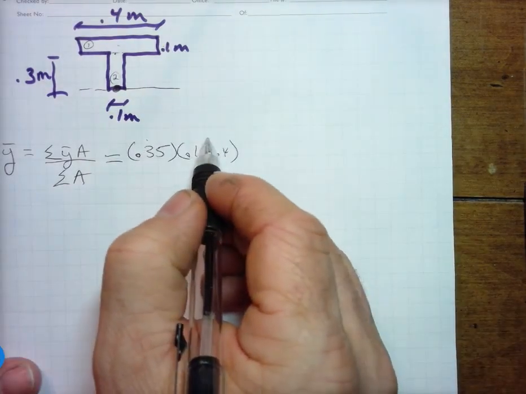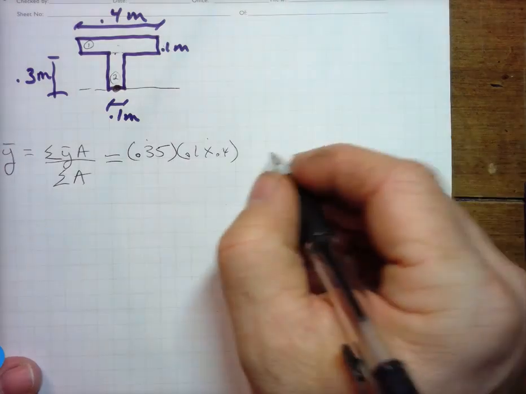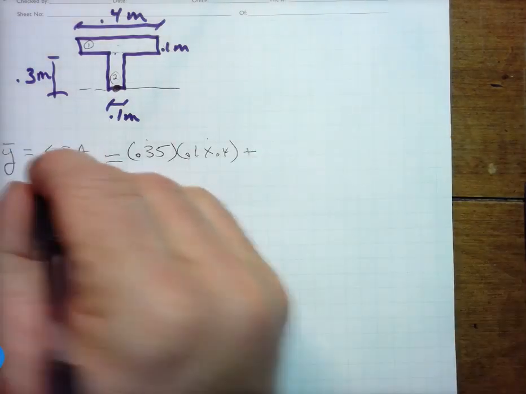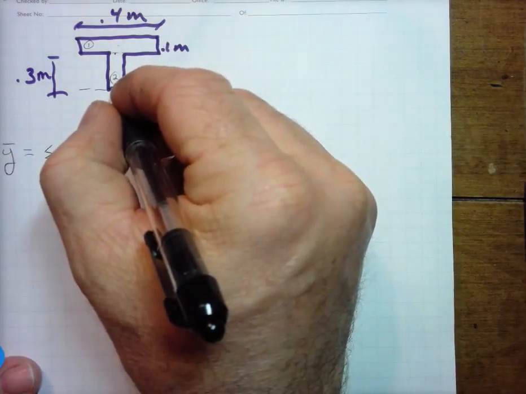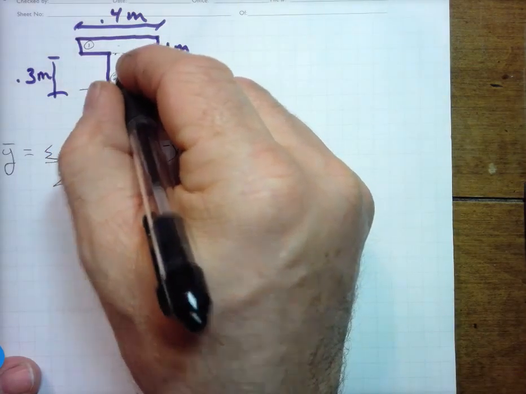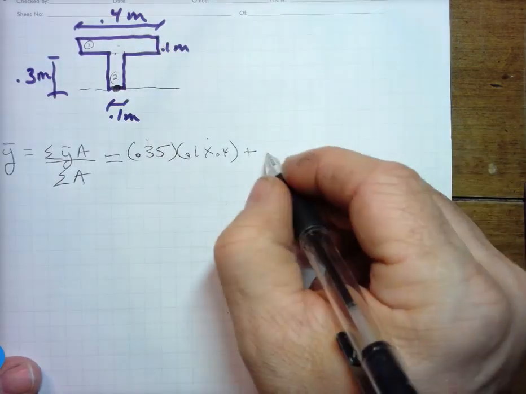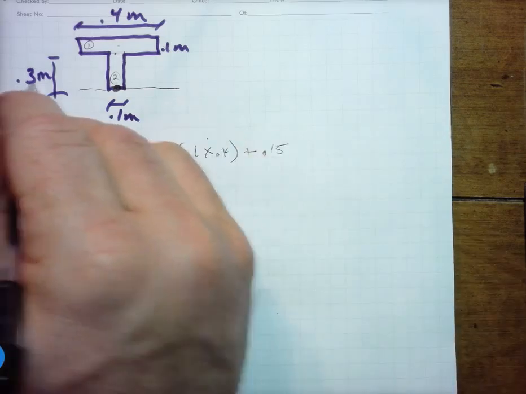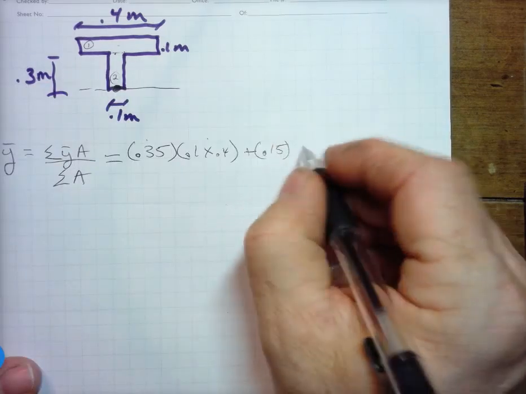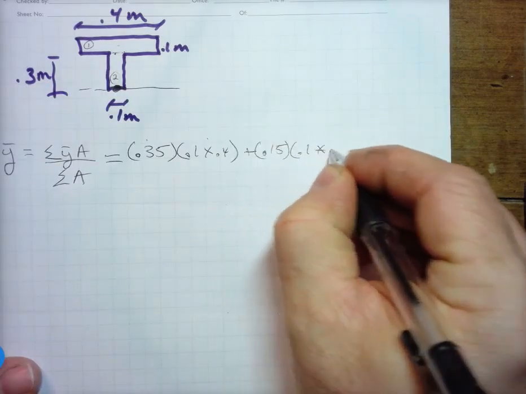That's y bar A for piece 1. Now plus the sum of y bar A for piece 2, which is going to have a y bar of 0.15, half of that, and an A of 0.1 times 0.3.